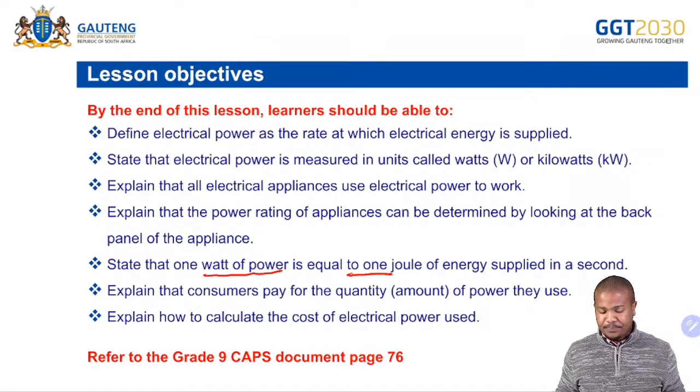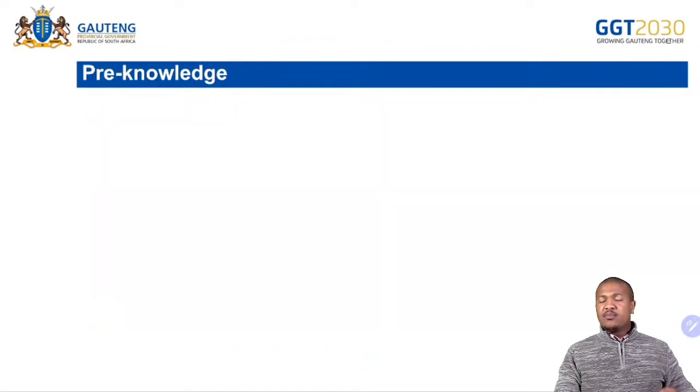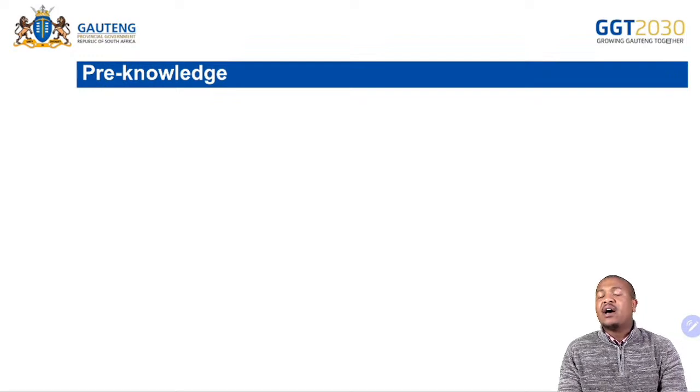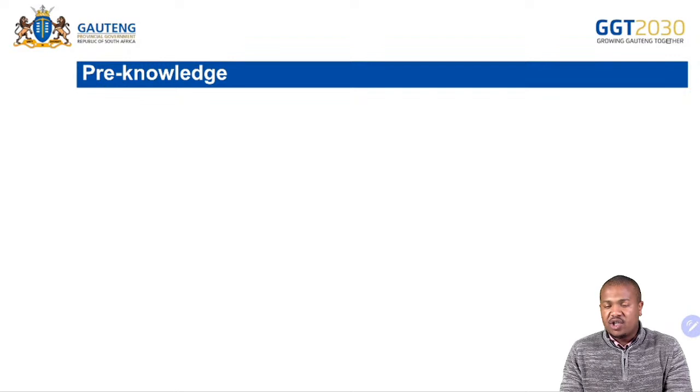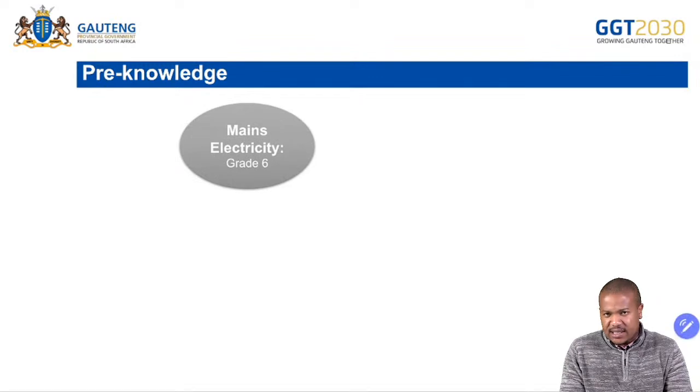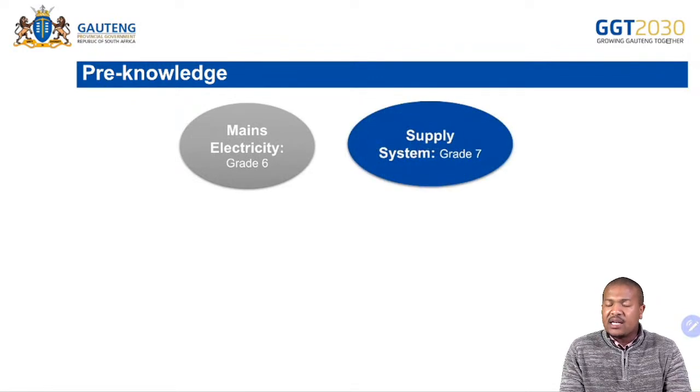Now let's move on to our pre-knowledge, which are some of the topics we have covered in previous grades and in this grade that lay a foundation for today's topic. In grade 6, we talked about mains electricity.